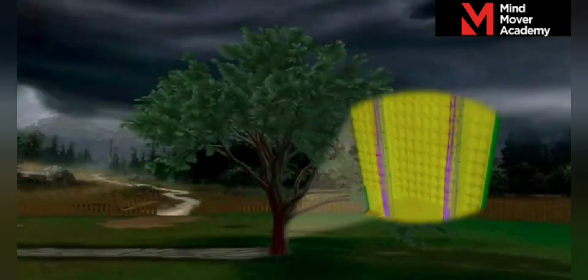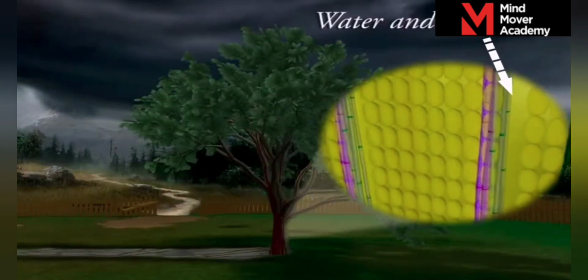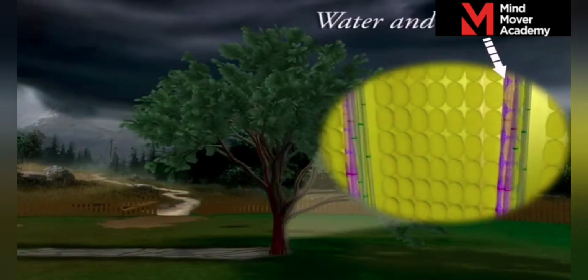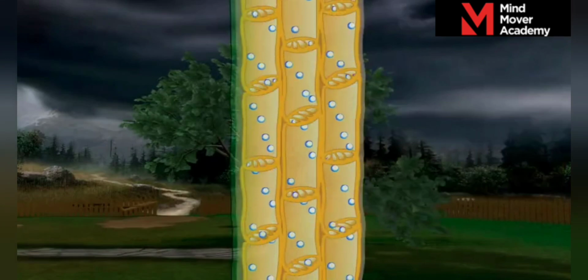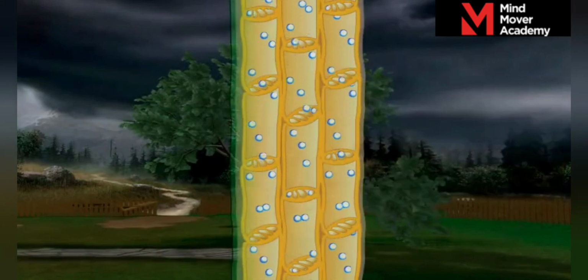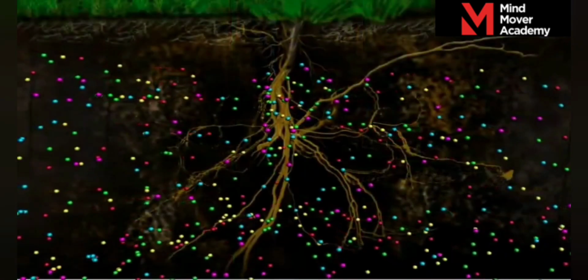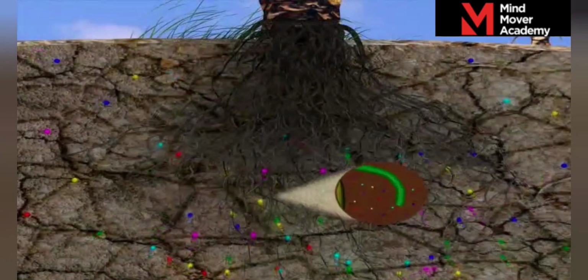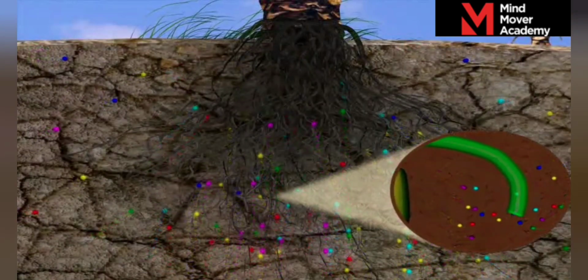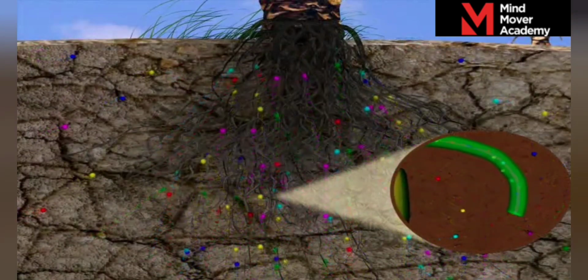In xylem tissue, vessels and tracheids of the roots, stems and leaves are interconnected to form a continuous system of water-conducting channels reaching all parts of the plant. At the roots, cells in contact with the soil actively take up ions. This creates a difference in the concentration of these ions between the root and the soil.